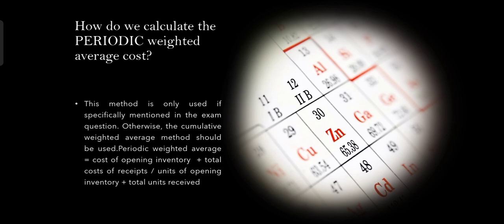In other words, we get the total value of inventory at the time of each issue, over the total number of units at hand at the date of issue. That is the weighted average price computation. That's how we come up with the weighted average price.